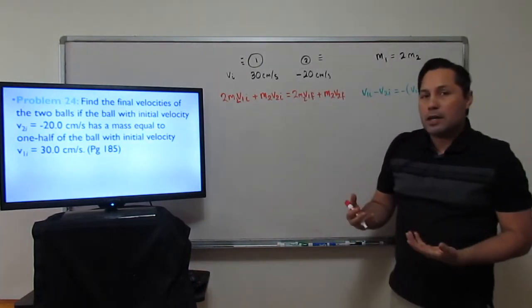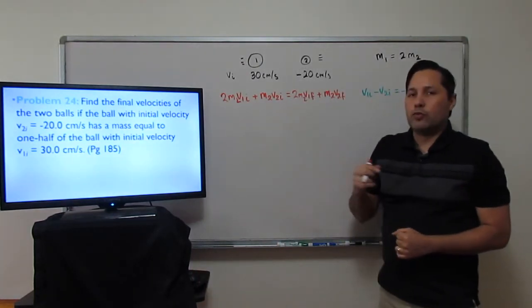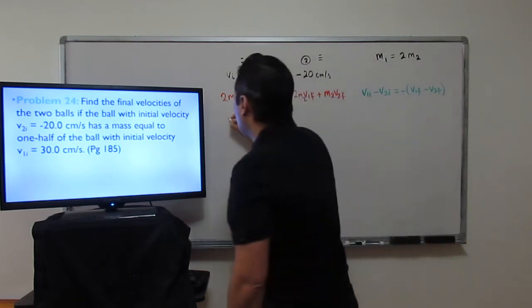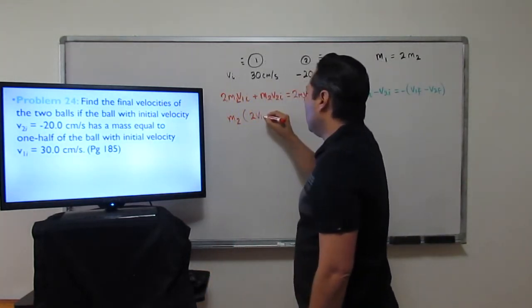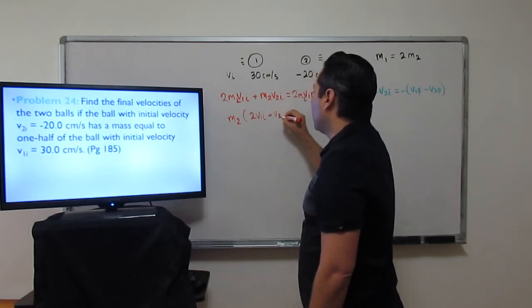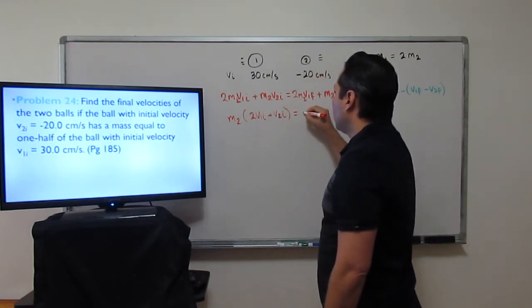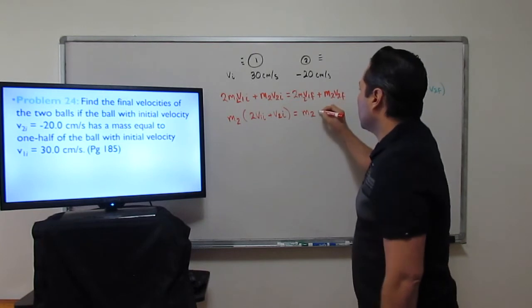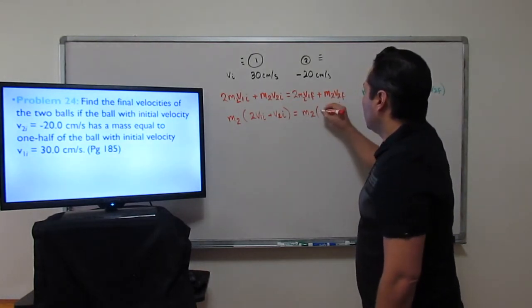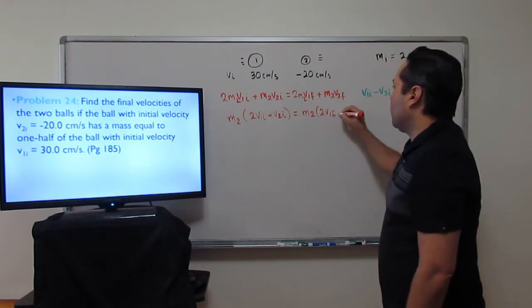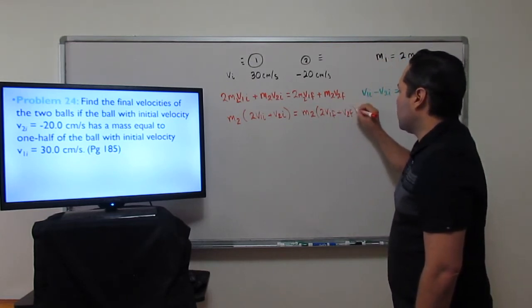Now, next I can factor out the m2s from here. So I'm going to have the following: m2 times (2 v1 initial plus v2 initial) equals m2 times (2 v1 final plus v2 final) as well.